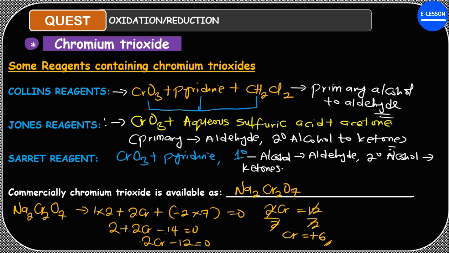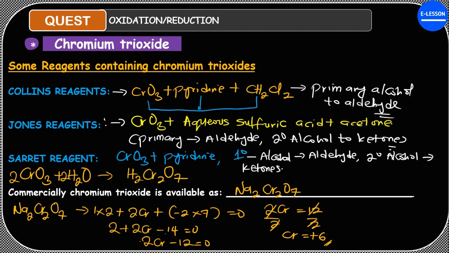So if you want to get chromium trioxide, you don't go to the market and ask for chromium trioxide, but you get the salt of it, which is formed when you react. I don't want to go deep into the chemistry of it anyway, but when you react chromium trioxide with H2SO4, it will form chromic acid, which is H2Cr2O7, something like this.